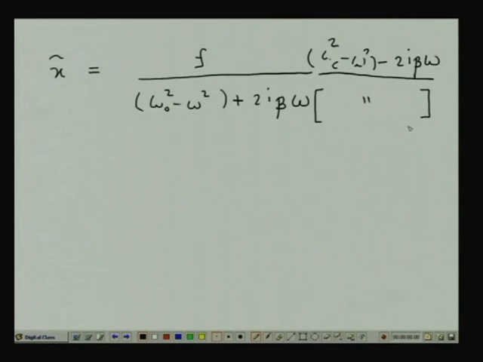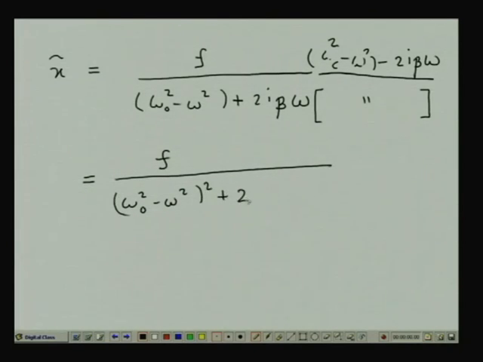If I multiply this and this, what I get is, and in the numerator I have omega naught square minus omega square minus 2i beta omega. So, this has a real and imaginary part, this is the real part, we are not interested in that, we are interested in the imaginary part.